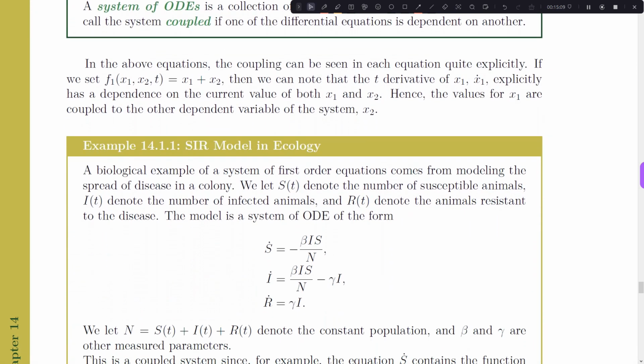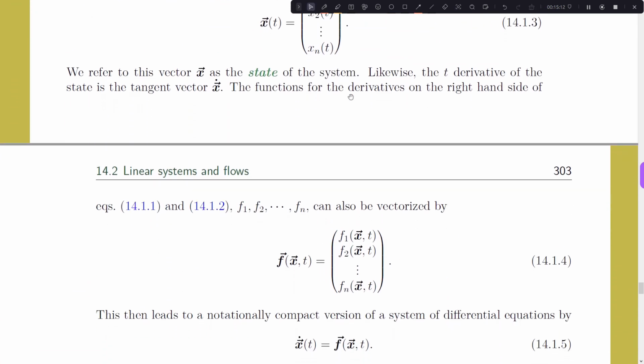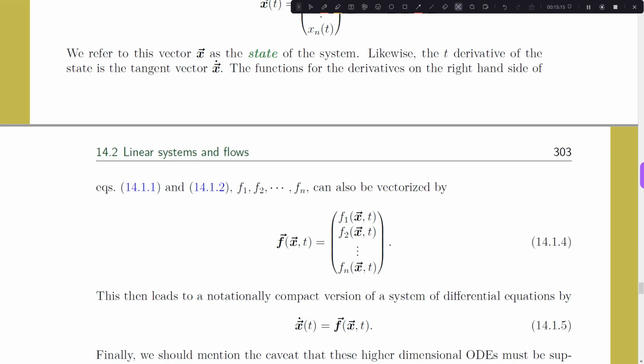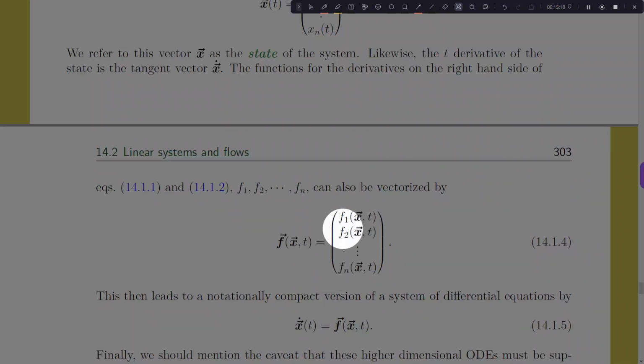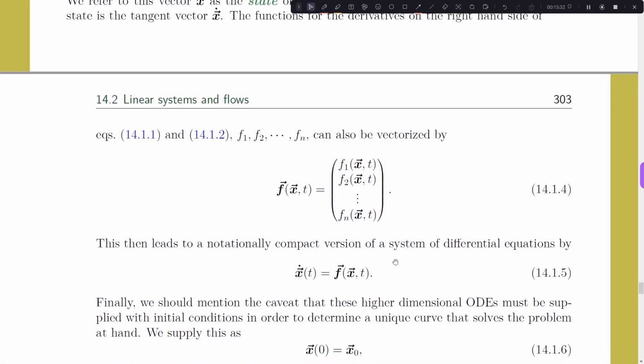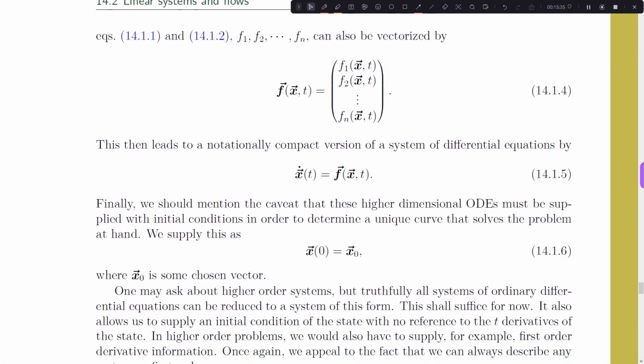So if we jump down here, that's what it's showing us right here. We're going to relabel my system of functions, which were each one-dimensional, even though they had multiple inputs. We're just going to group those together in a vector as well, and we gain this beautiful vector equation that's just the change in a vector equals the vector field. We can also have an initial condition, right?